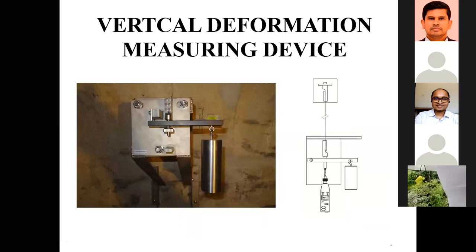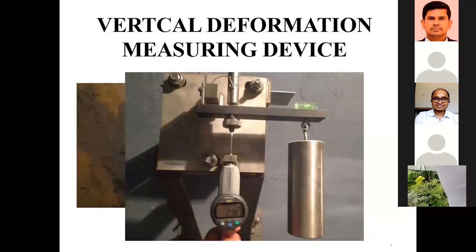And another instrument is the vertical deformation measuring device, actually VDD. We are using this one to measure the vertical deformation of the dam. If the dam moves upward, like the concrete structure moves upward, we can measure it from this instrument. This is the measuring arrangement, how we are measuring the VDD readings.